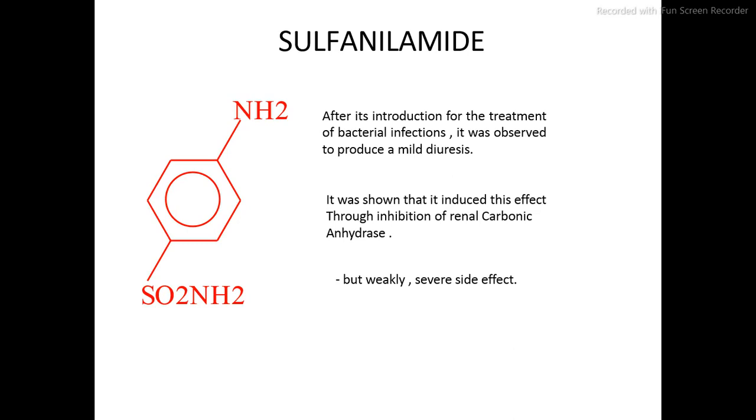It was also shown that it induces these effects through the inhibition of renal carbonic anhydrase. But these inhibitions were somewhat weak and had severe side effects. Therefore this is one more reason that we can use this sulfanilamide as one of the important functional parts for the development of meta-disulfamyl benzene.